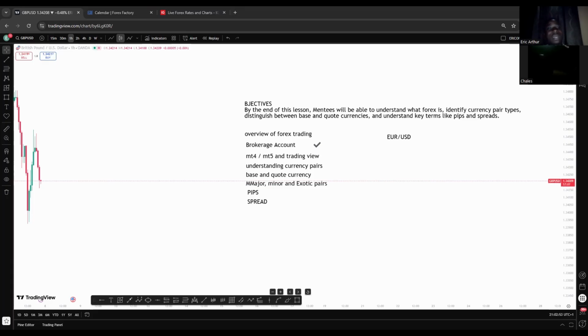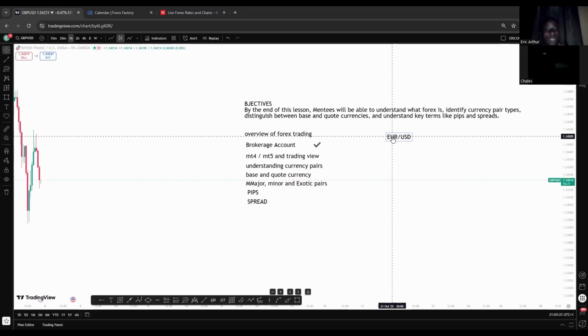They don't just do it, they do it for a fee. Whenever you are selling this currency pair, there must be a buyer. So the broker will stand between you and the buyer.